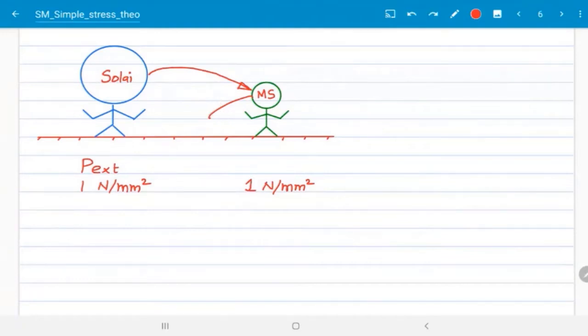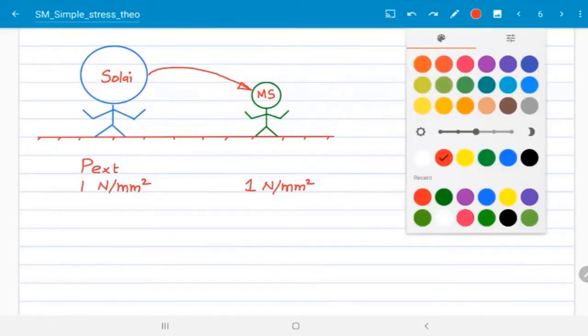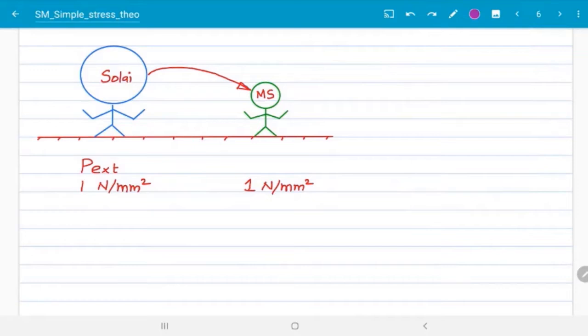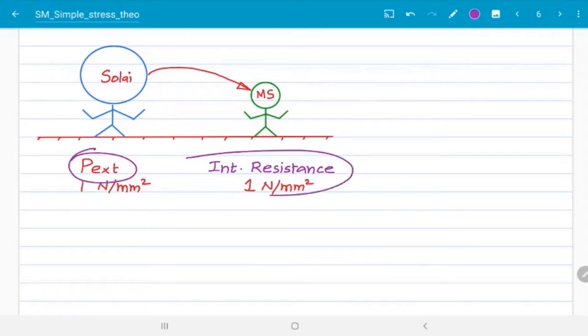That is why he offers exactly the same as the external load. So the internal resistance is developed by the boy.